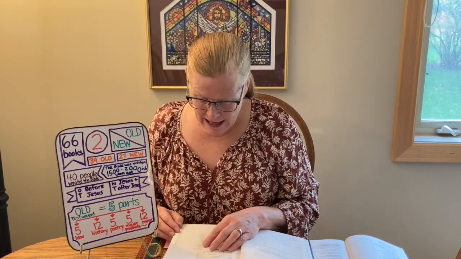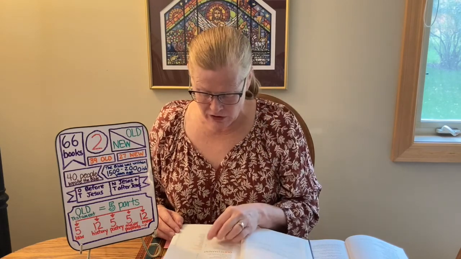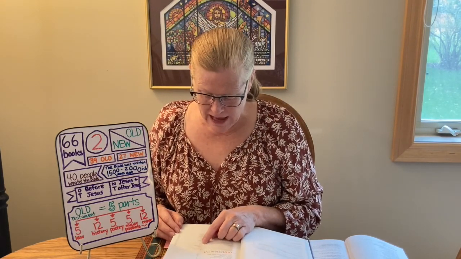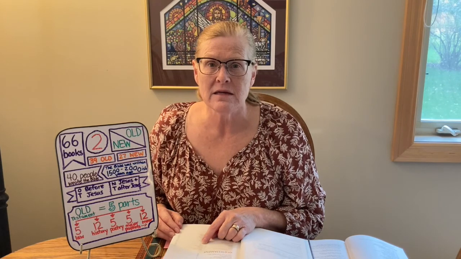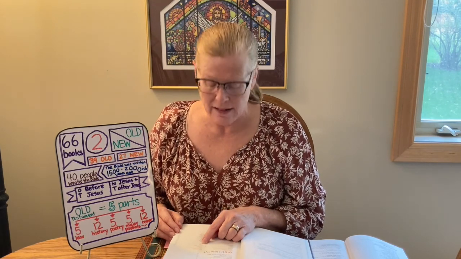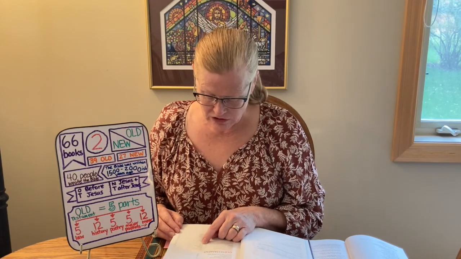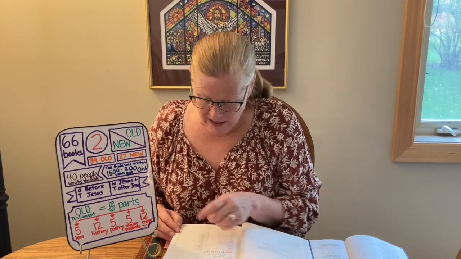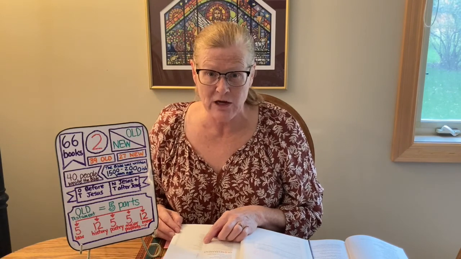So in that list, the 5 major ones are the first 5 in that list. Isaiah, Jeremiah, Lamentations, Ezekiel, and Daniel. Those are the 5 major prophets, and then come the 12 minor prophets.